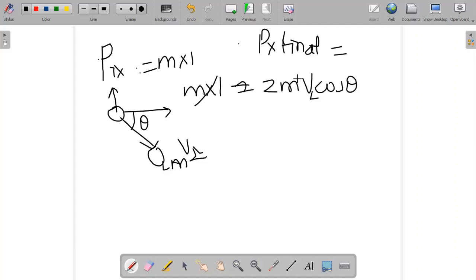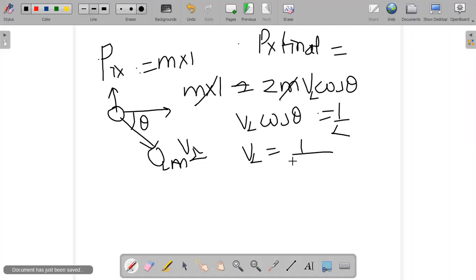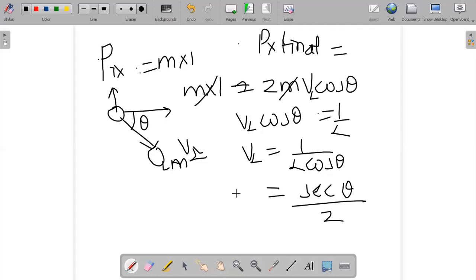So m will get cancelled and we'll have v2 cos theta equals 1 by 2, or v2 will be equal to 1 by 2 cos theta, or this will be equal to sec theta by 2. This is the value of v2 we are getting.